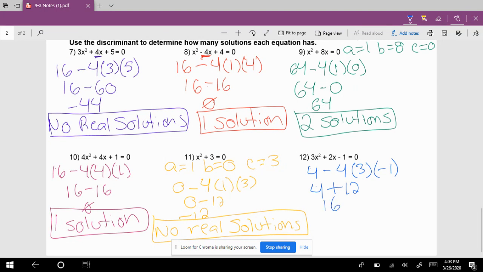So now I have 16. 16 is a positive number, so that's going to give me 2 solutions. Again, I can reason through that because the square root of 16 would be positive 4 and negative 4, so that's 2 answers. Okay, so I know this is kind of an abstract thought.